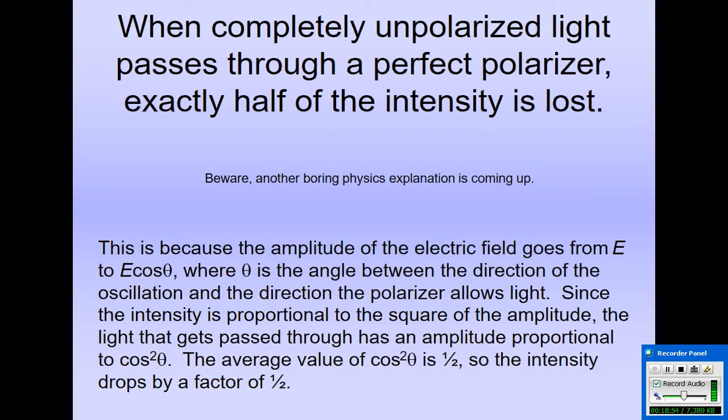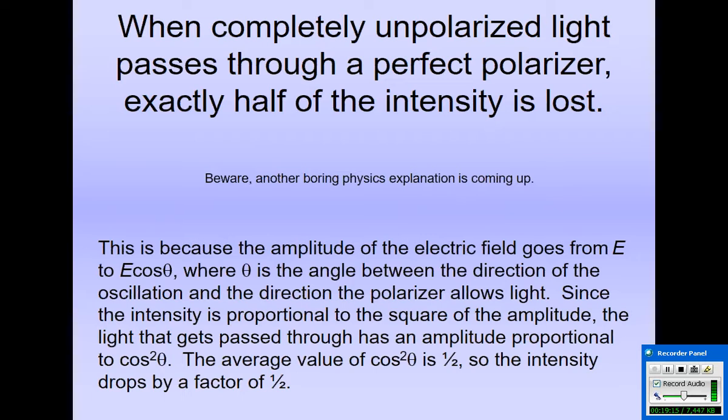But an electric field that is coming in at some angle between parallel and perpendicular loses a portion of its electric field strength. It loses the portion with the component parallel to the molecules, leaving behind the component that's perpendicular to the molecules.